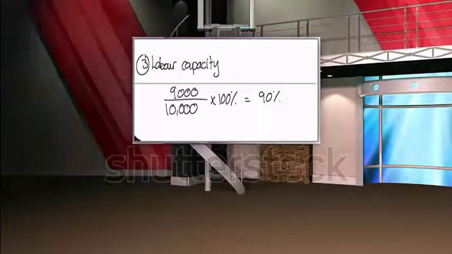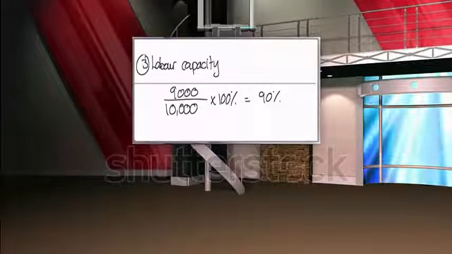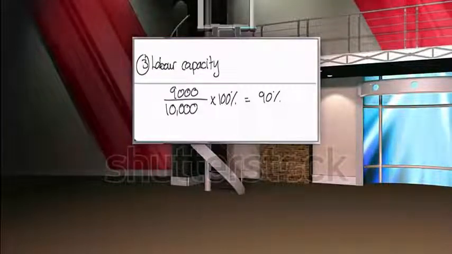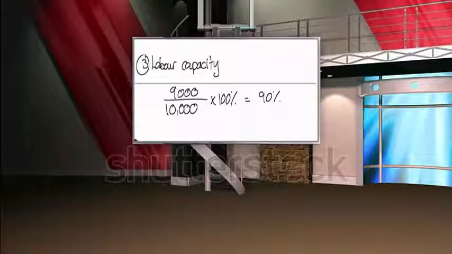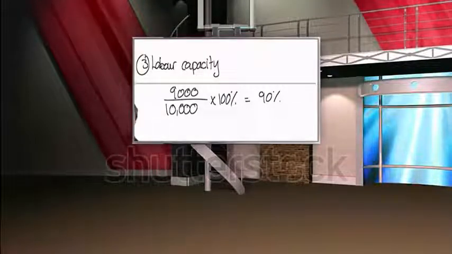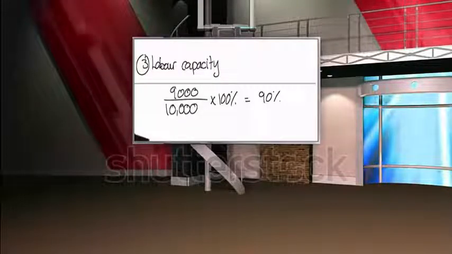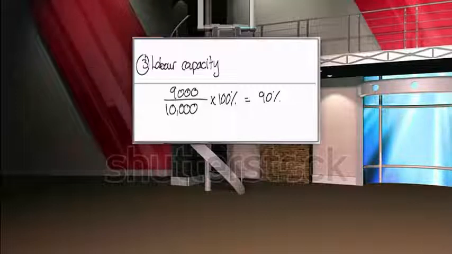So this is bad news. As a company, we thought that our labour resource would be 10,000 hours in total. But actually, we've only managed to get 9,000 hours out of our production line workers, which is why our capacity ratio is less than 100%.